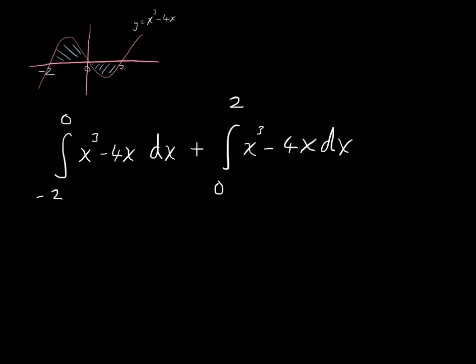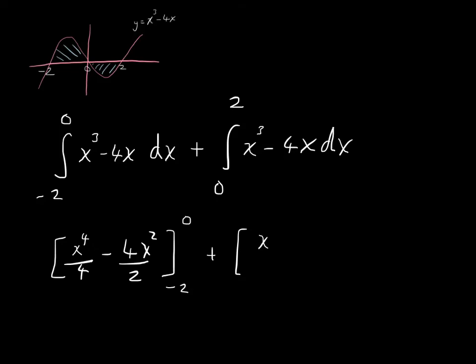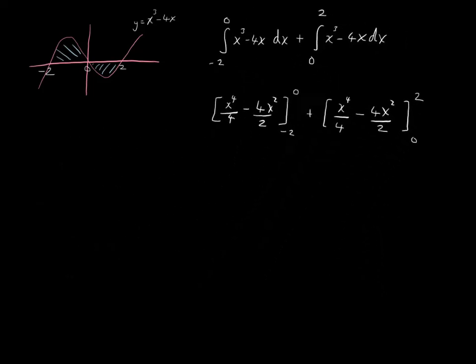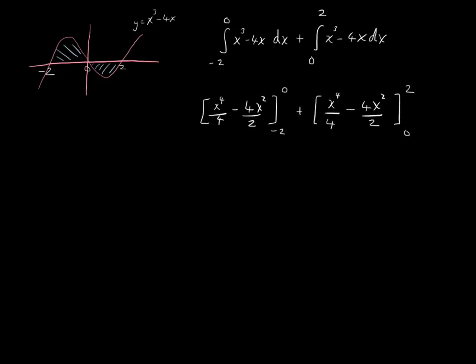So integrating the function x cubed minus 4x gives us x to the 4 over 4 minus 4x squared over 2, from minus 2 to 0, plus, it's the same function so it's the same integral, x to the 4 over 4 minus 4x squared over 2 from 0 up to 2 this time. So just move this up here. Let's look at this bracket first in red.